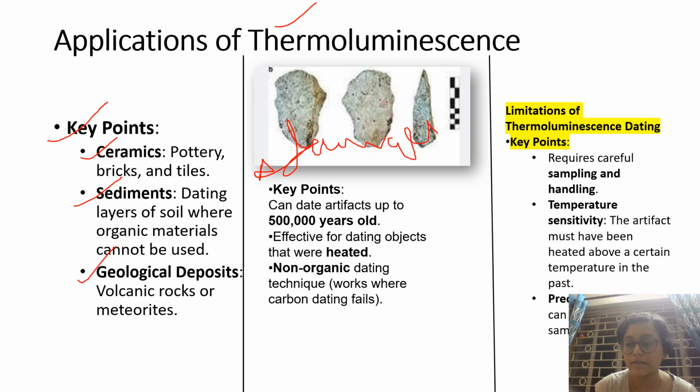So if there is a question asking you to describe the types of dating techniques, then it comes under the absolute dating techniques. Thermoluminescence is one of the dating methods that we apply to determine the absolute dates.